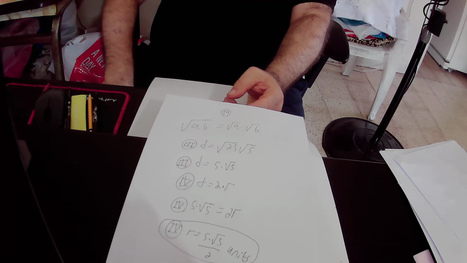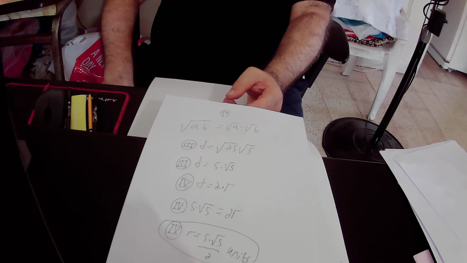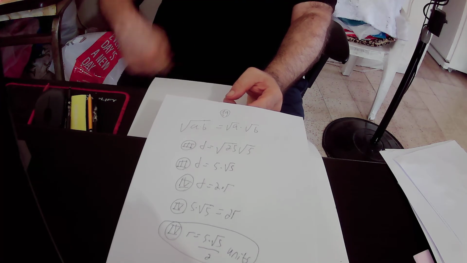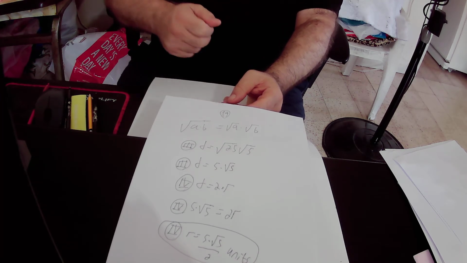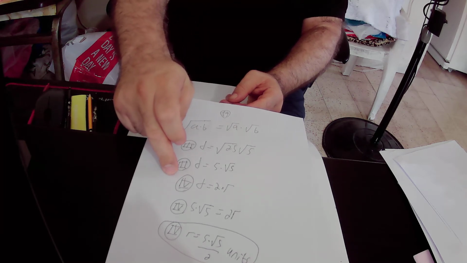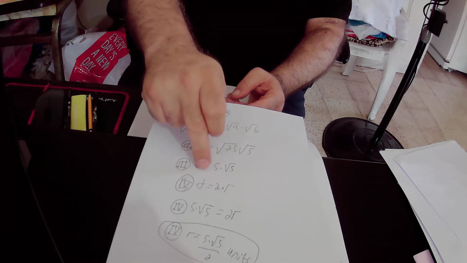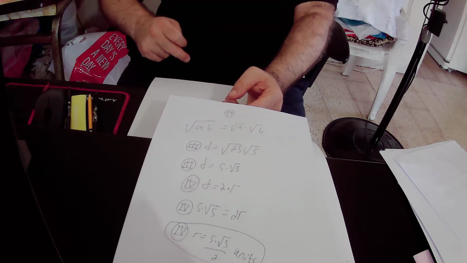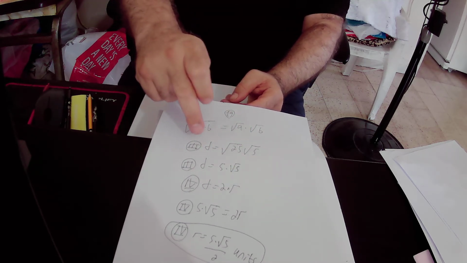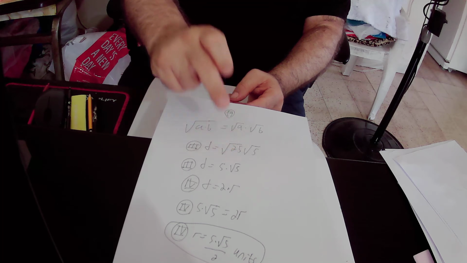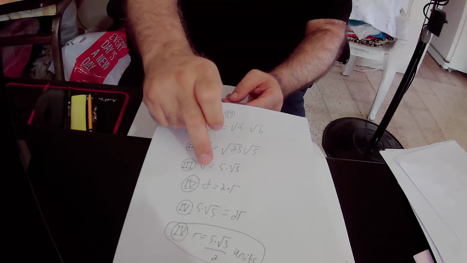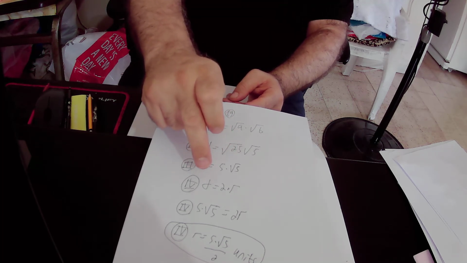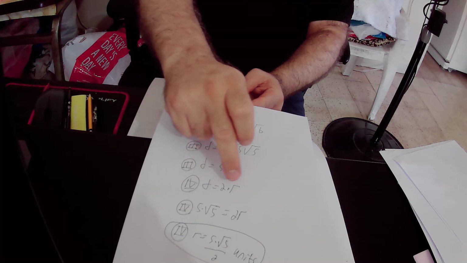But we know that the diameter of any circle equals 2 times the radius of the circle. So we created equation number 4, that the diameter equals 2 times the radius. We can substitute D by 5 times root 5, so 5 times root 5 equals 2 times the radius.